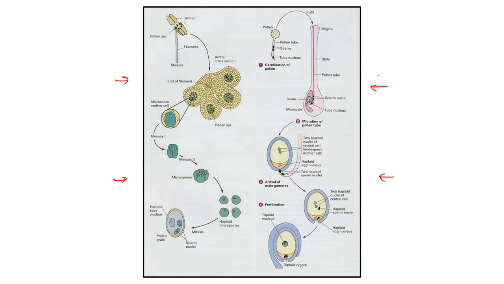You should also know how the ovule is placed in the carpel, stigma, style and ovary, and then how the pollen tube enters through the micropyle and brings about successful fertilization. You can have a look at this figure. This will clarify many things, and this can fetch you a question.